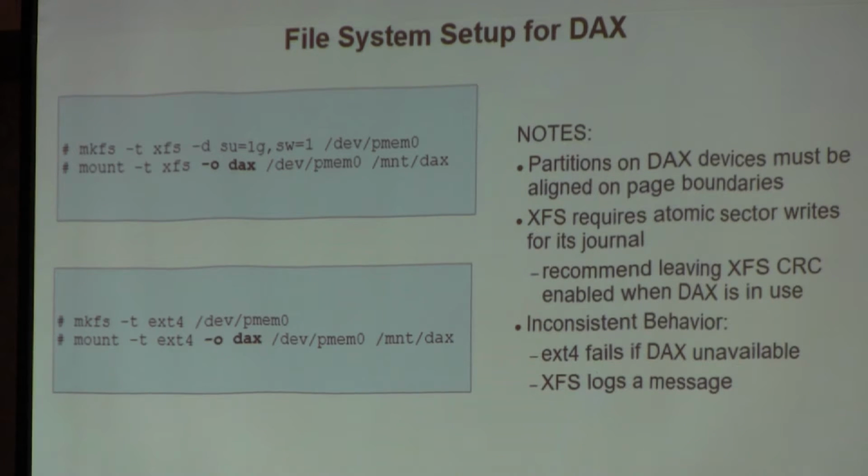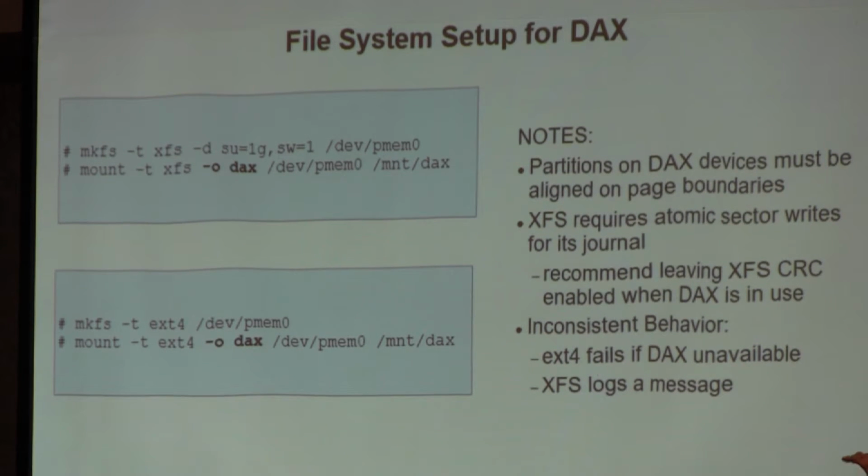And again, just a minor note, if the device is not capable of DAX and you ask for DAX, ext4 will fail the command. XFS will just log an error and continue on. Just things to watch out for.